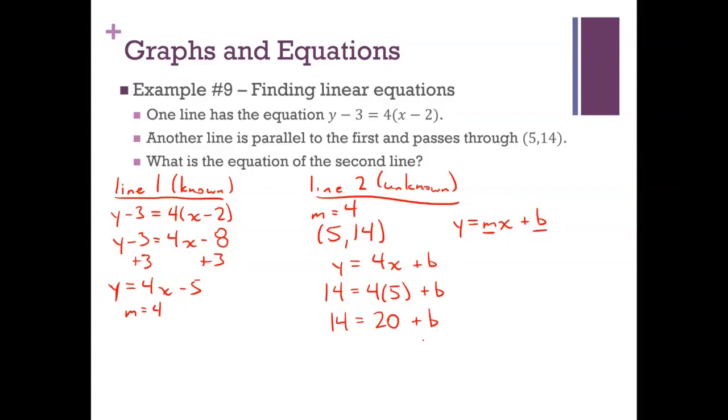What's b equal to? We're almost there. It's going to be minus 6. Subtract 20 from both sides, and I get that b is equal to negative 6. So we have the slope, we have m, we have b, so this is y equals 4x minus 6.